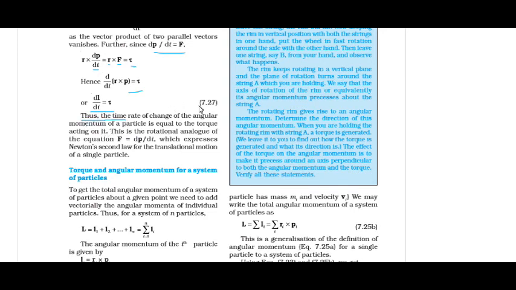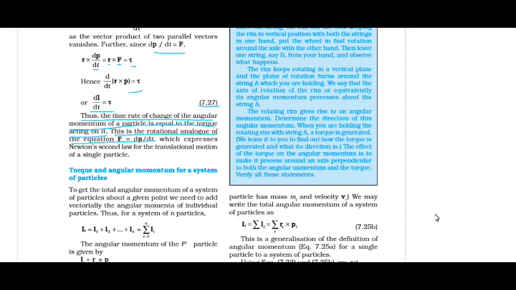If we want to explain equation 7.27 in words, then we can write the time rate of change of angular momentum of a particle is equal to the torque acting on it. This is the rotational analog of the equation F is equal to dp by dt, which expresses Newton's second law of translational motion of a single particle.